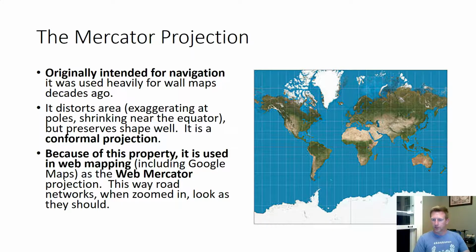The advantage of this is that for web maps, you can zoom in on these things on Google Maps, or even most of the tiles that you're using on ArcGIS Online are going to be stored in a web Mercator projection, a slight modification of this. But once you zoom in, the city is going to look shaped like it ought to, and that's definitely not the case if you just load in a raw shape file.